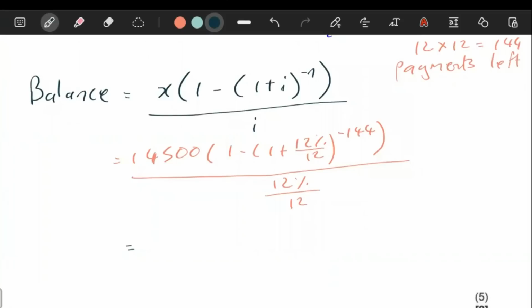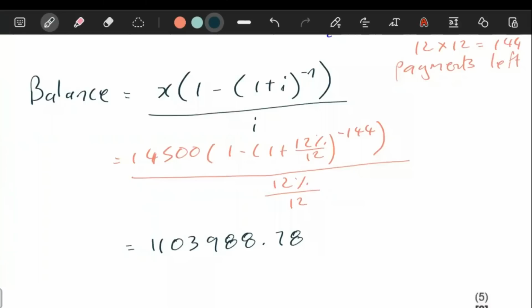So the balance on this loan is 1,103,988.78 if you round it off to 2 decimal places, as you should. So that is all good, nothing crazy, nothing major.